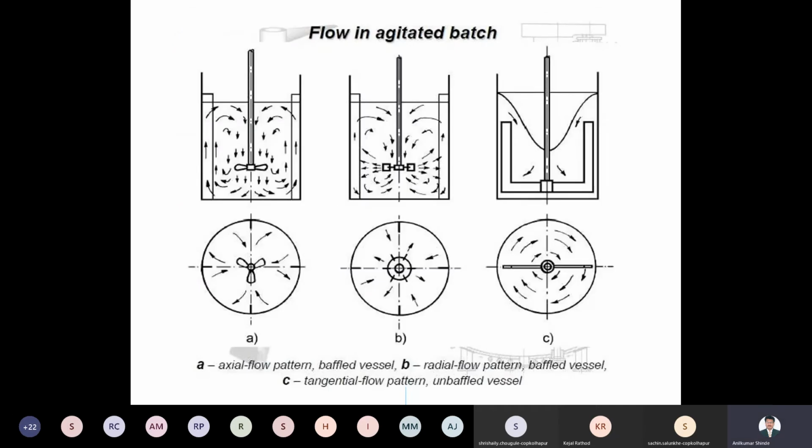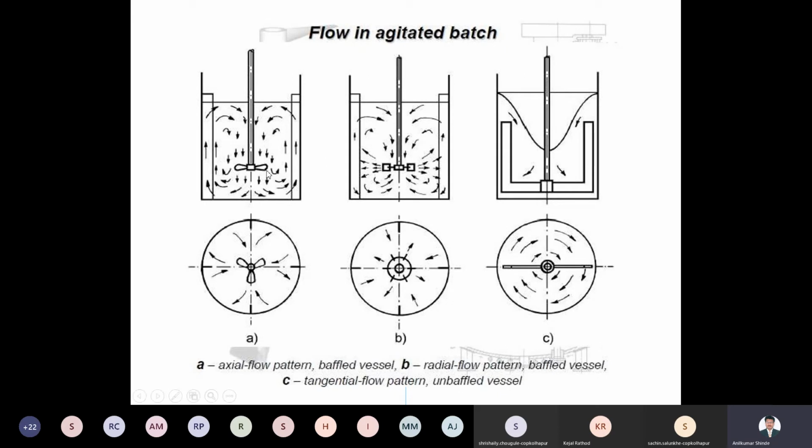And this flow pattern will be agitated at various speeds. This is called a flow pattern. If you have seen, A is a flow pattern. A is an axial flow pattern, the first figure is axial flow. What is meant by axial flow? This shaft is rotated on its own axis, and we can create the flow.